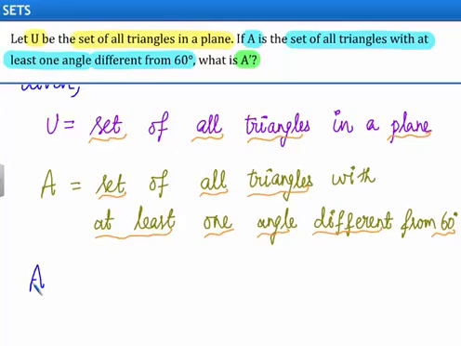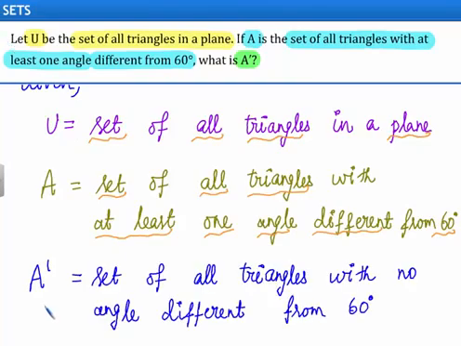Let us now find A complement. A complement will be equal to set of all elements which are in the universal set but not in the set A. So A complement will be equal to set of all triangles with no angle different from 60 degrees.